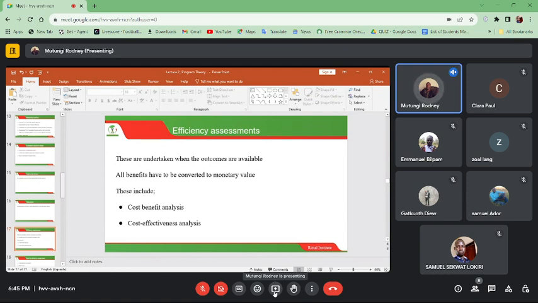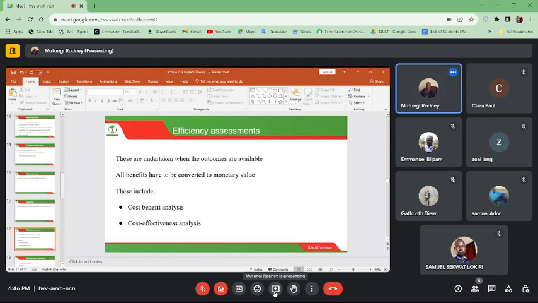You see? So this is what we are talking about. When you're doing these efficiency assessments, you want to ask yourself such questions. Yes, the program is going on, or the program was completed, but at what cost did it meet those set objectives?